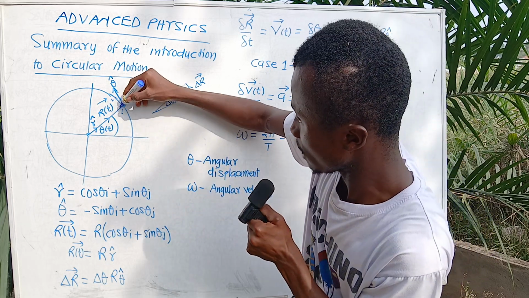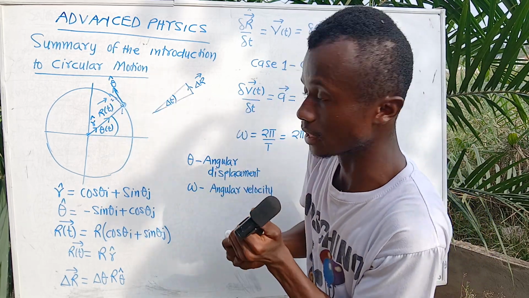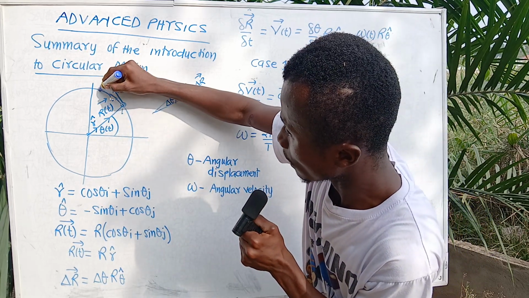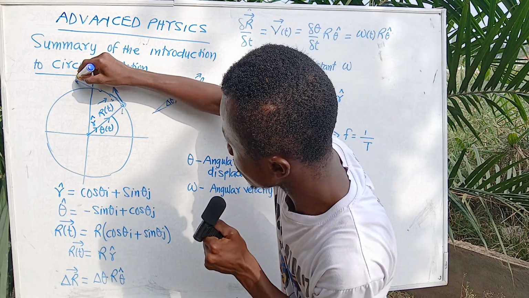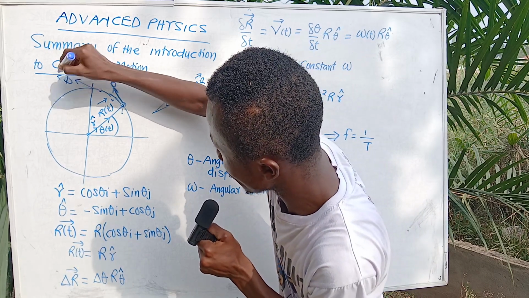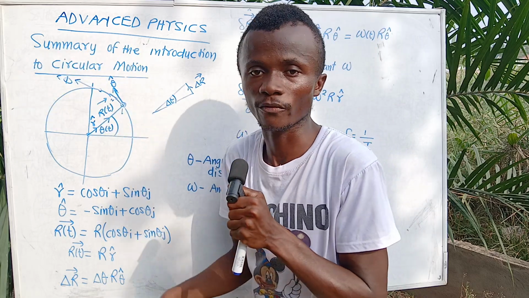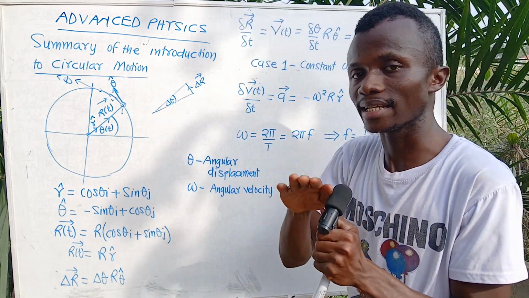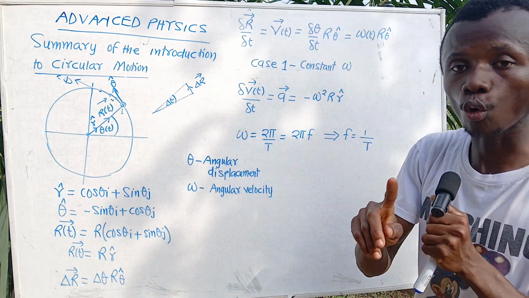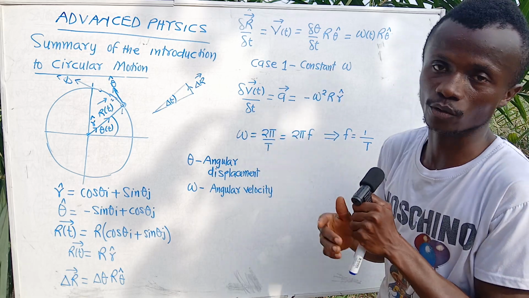At a point in the trajectory, it points in this direction. Within another moment, it will point in an entirely different direction. So theta roof keeps on changing along the circumference of a circle. That gives it the linear acceleration. So though omega is a constant, dv dt is not a constant.